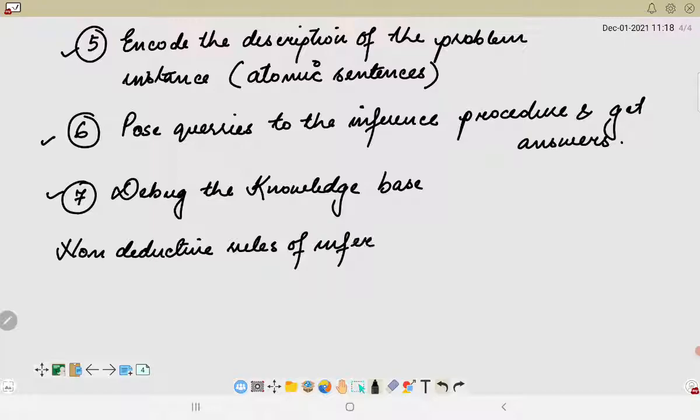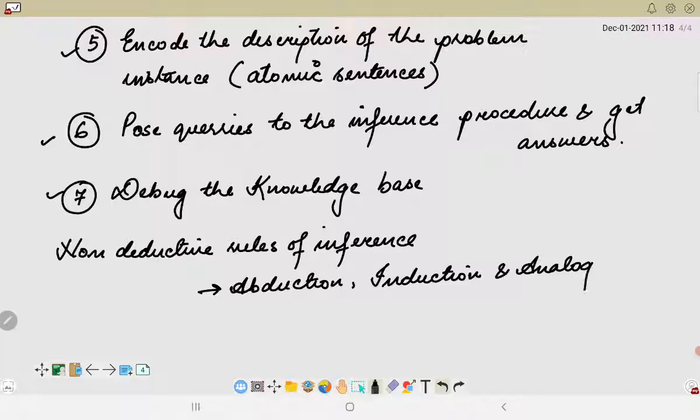Under this we have abduction, induction, and analogy. So we will also do abduction, induction, and analogy subsequently in the session.